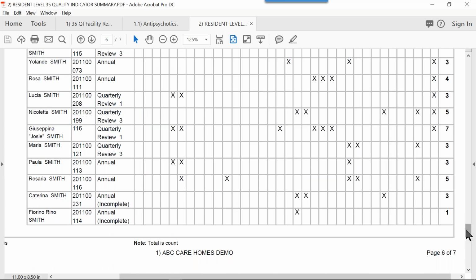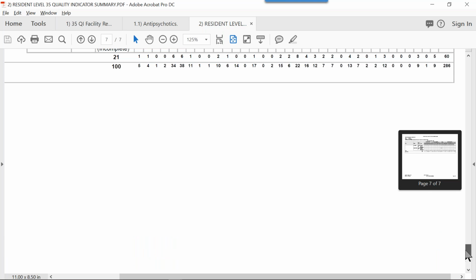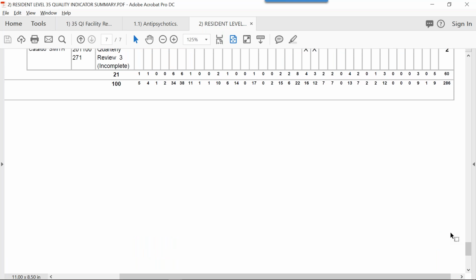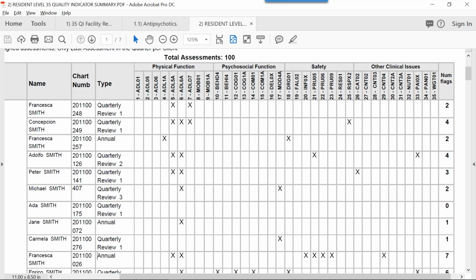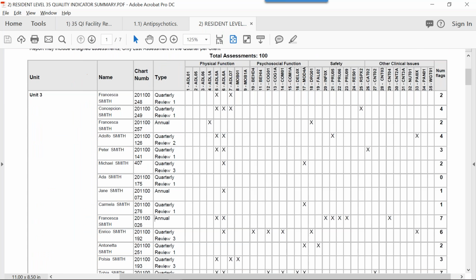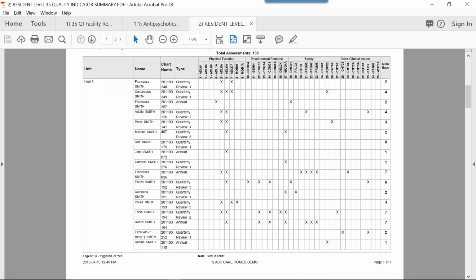All right, and if we go right to the bottom of this report, this is a really interesting factor. You can see that it shows me which indicators are coming up most often. Okay, so I'm going to bring this down a bit so we get a better look at that.